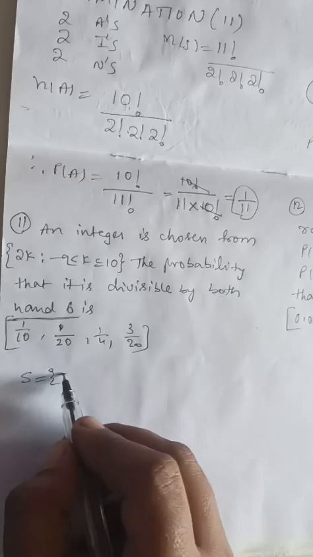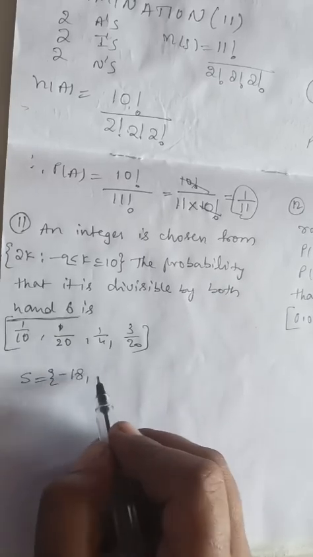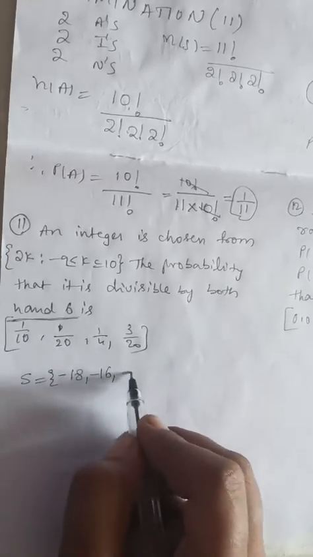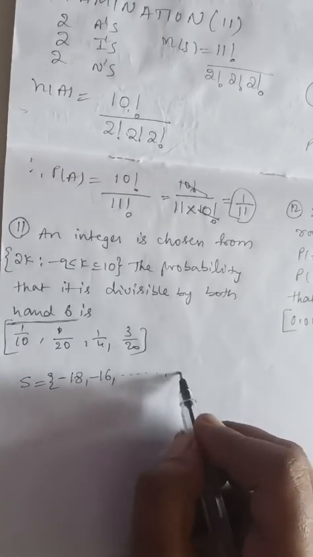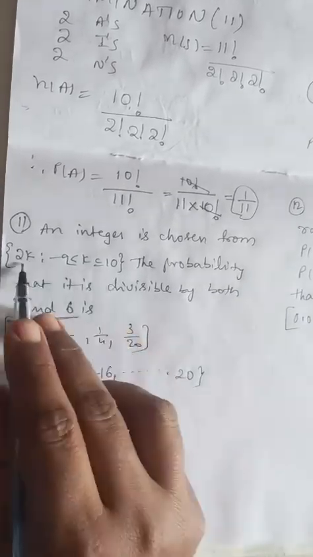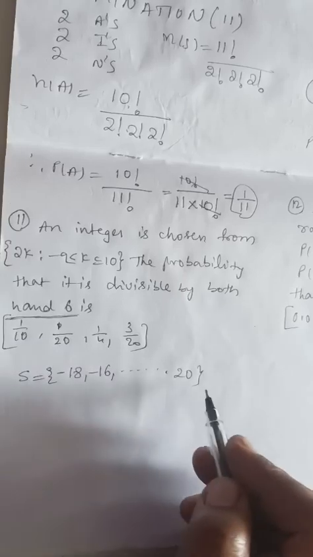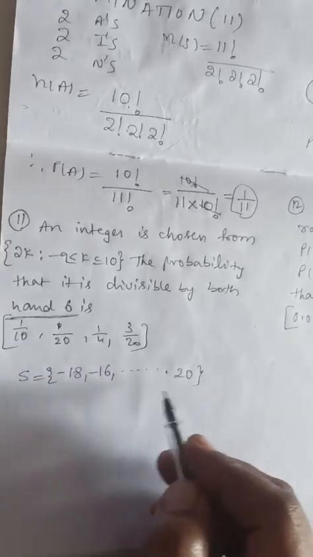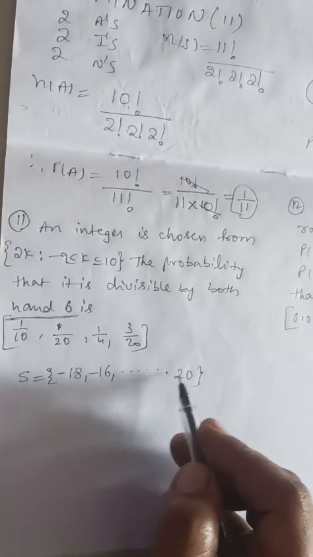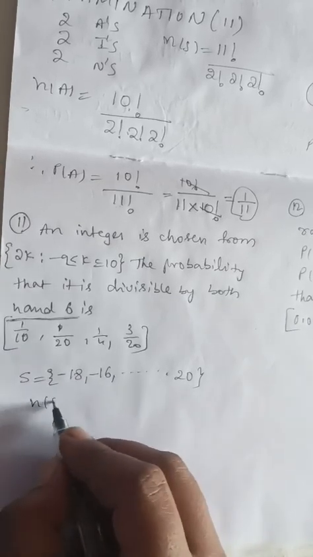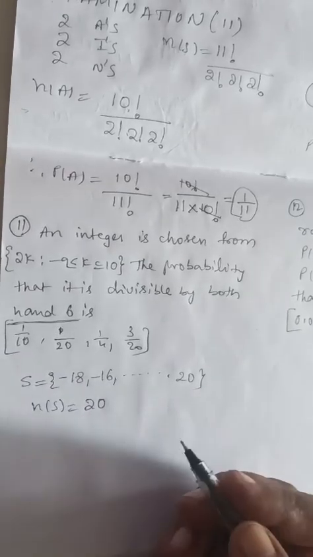So 2 into minus 9 starts with minus 18, then minus 16 and so on up to 20, because 10 into 2 is 20. So these are the 20 numbers totally, because 0 is also there, and n of S is 20.